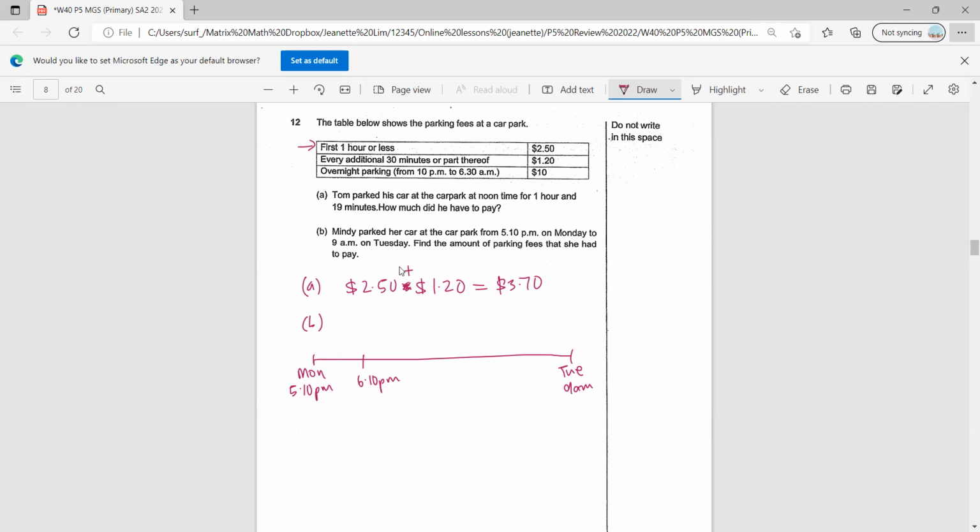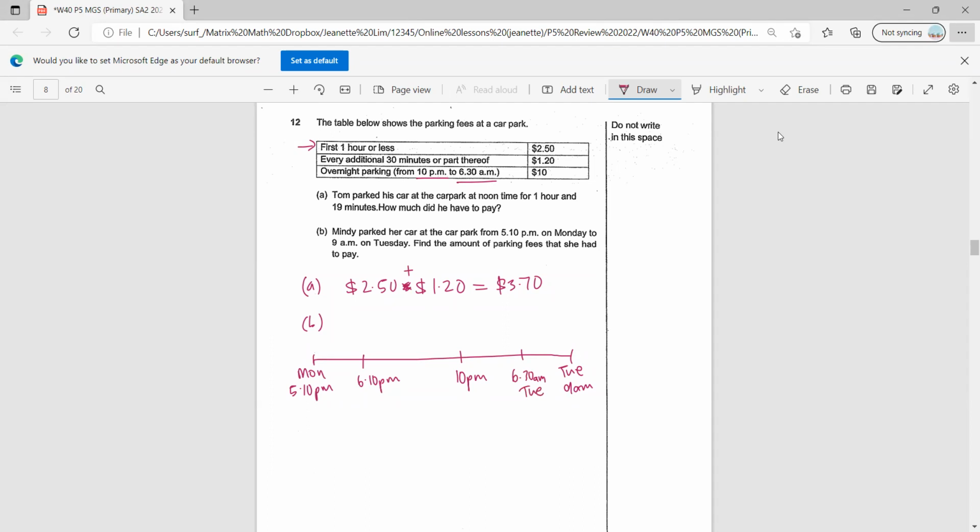So 6:10 p.m. Then all the way until overnight parking at 10 p.m. Right, until 10 p.m. Then from 10 p.m. is until 6:30 a.m. This one is Tuesday.